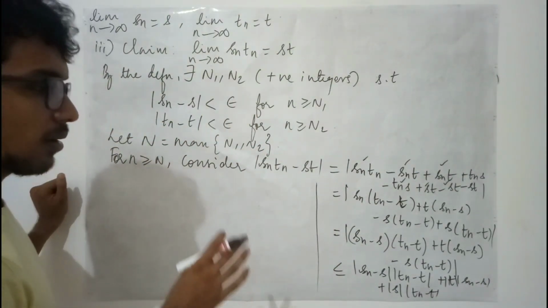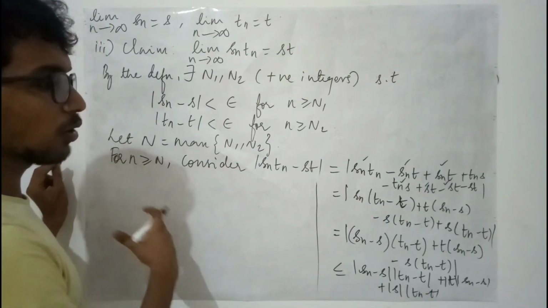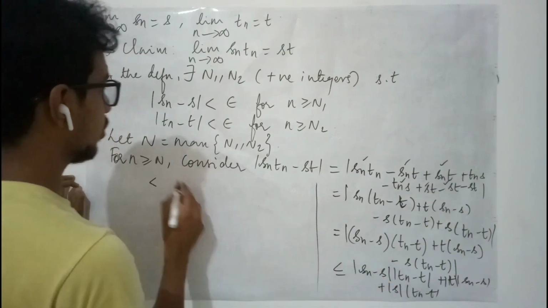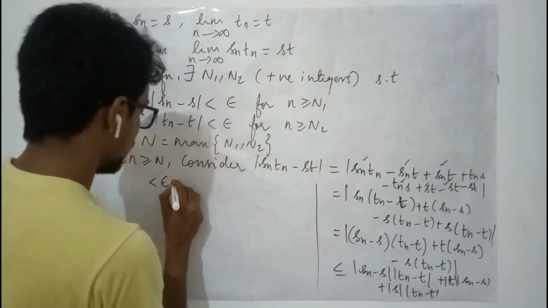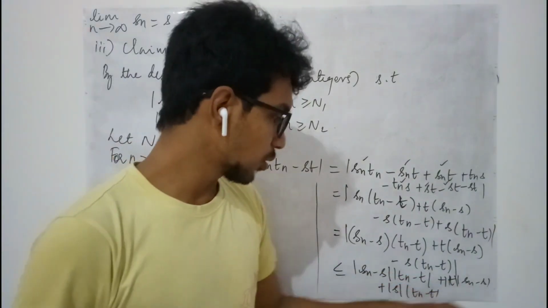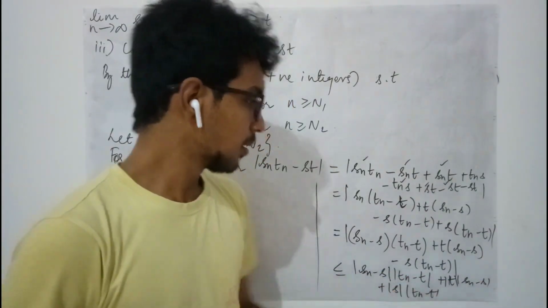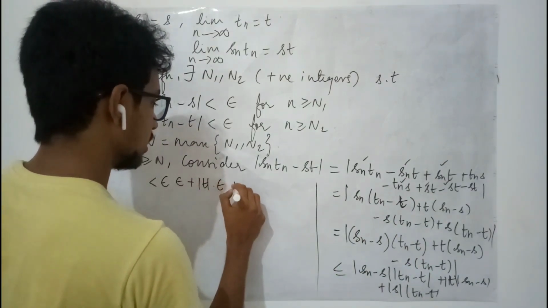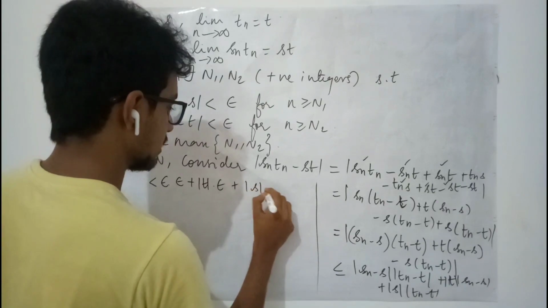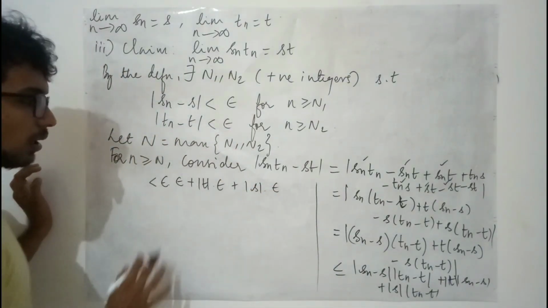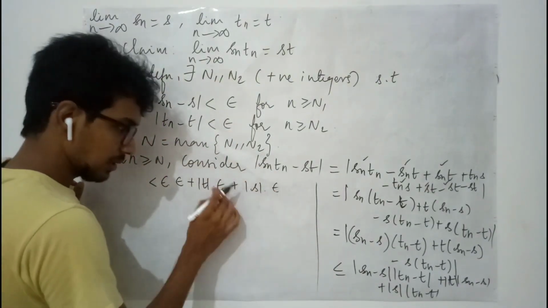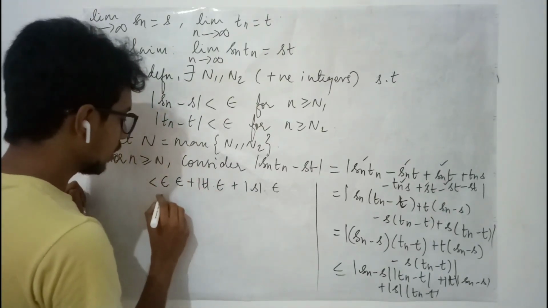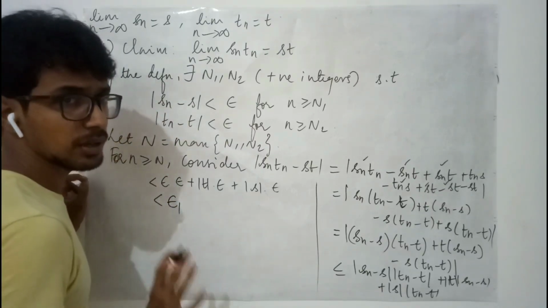Now what are you going to do? You are going to make things happen. For this you will have epsilon, and for this you will have epsilon. Because of the convergence, you will have this to be the absolute value of T times epsilon plus the absolute value of S times epsilon, and you may see these epsilons are very negligible quantities, and finally you will have another negligible quantity.